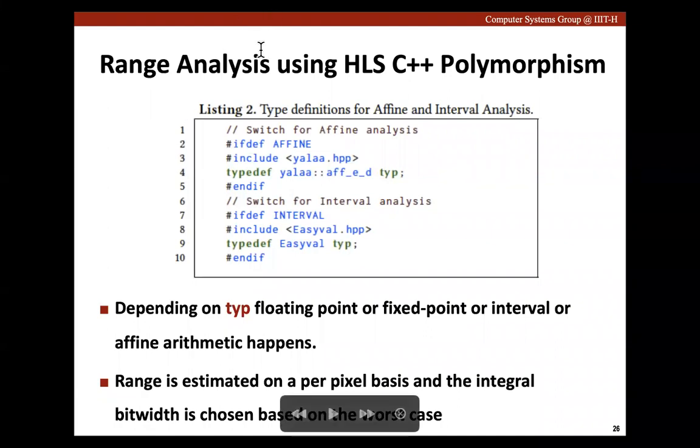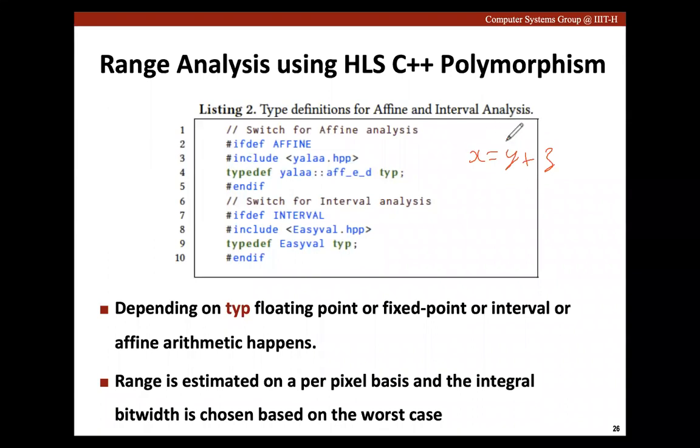For the sake of simplicity, let's say our program has only one statement, x is equal to y plus z. If TYP is integer, then y is an integer, z is an integer, you add y and z and you get x. If y and z are floats, you add two floating point numbers and you get a float.